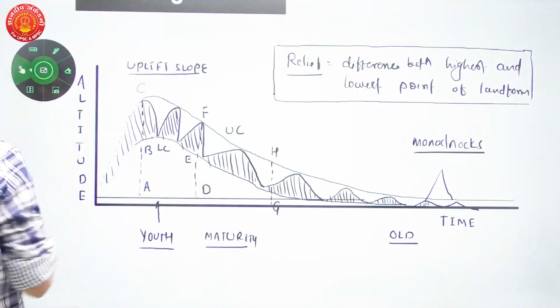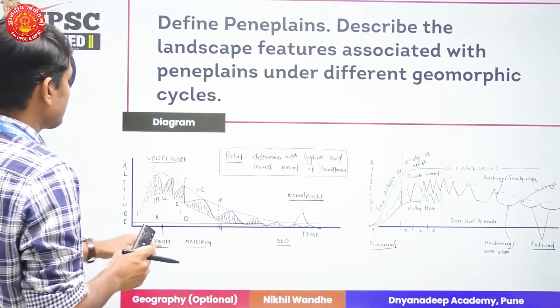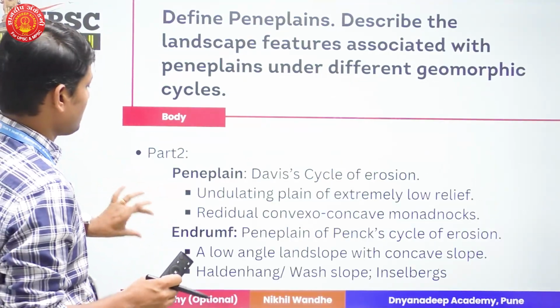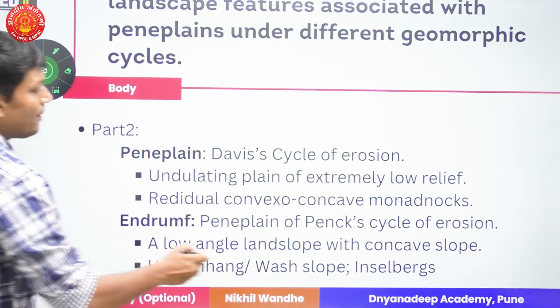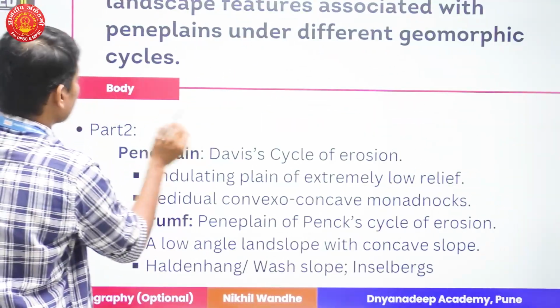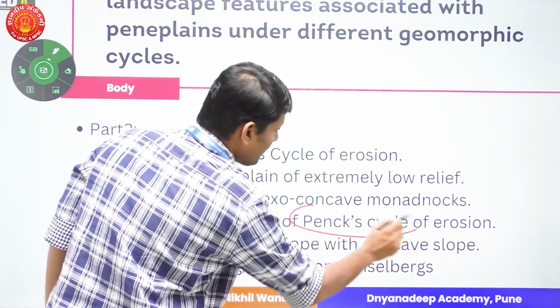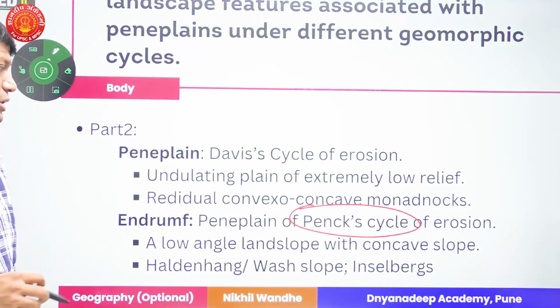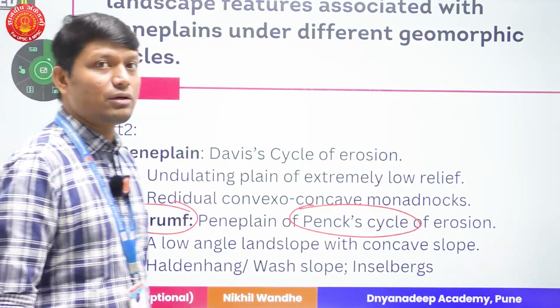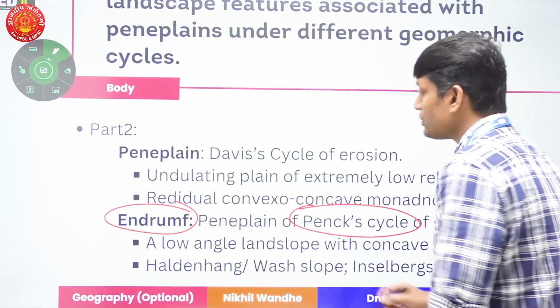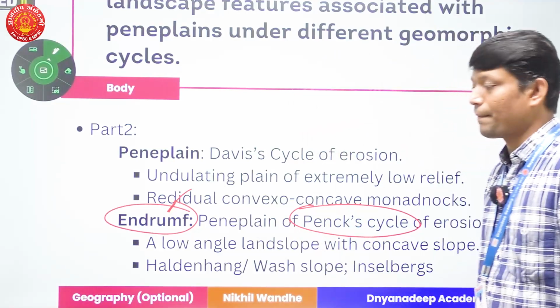Fine. So that is my first geomorphic cycle. Next, I have endrumpf, right? If we talk about Penck's cycle of erosion, in Penck's cycle of erosion, the final product or the final erosional surface is called an endrumpf. Fine.